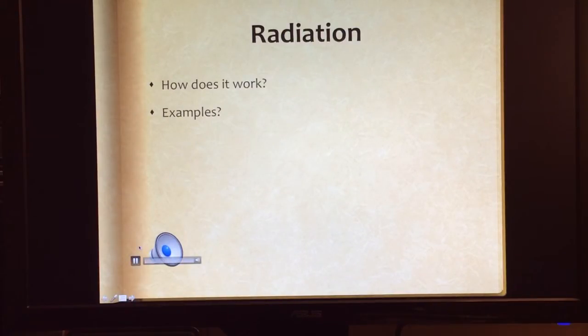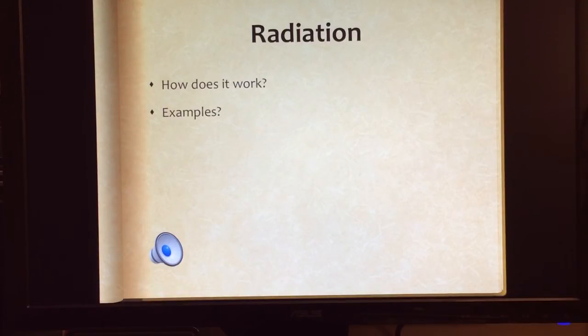For radiation, I'm going to combine how it works and examples, because I'm going to use an example to really talk through how radiation works. The first thing we need to understand is that objects that radiate heat have different degrees of heat radiation.